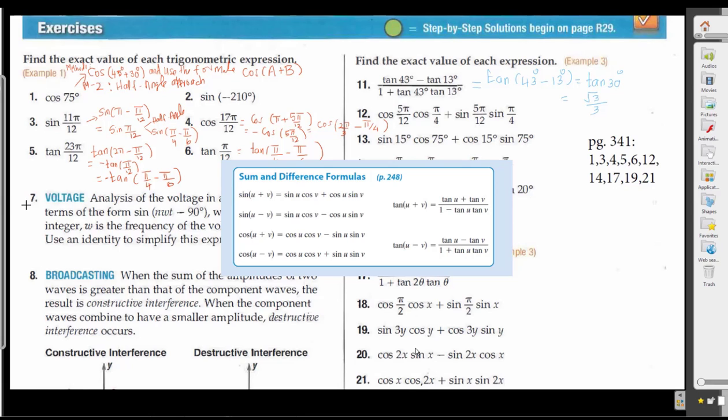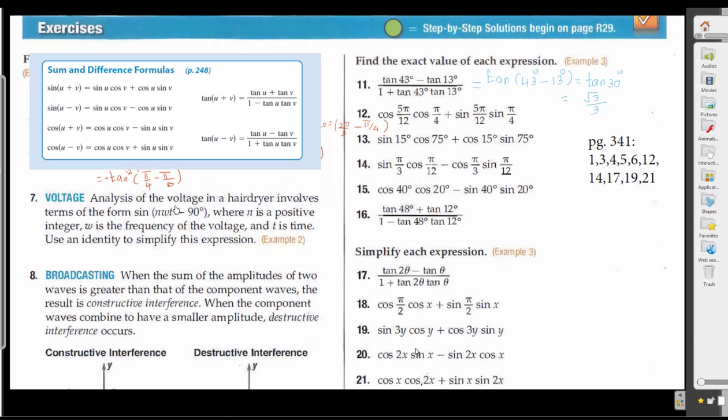So here, with a cos and the plus sign in between, that's going to be the formula cosine u minus v. So you have cosine 5 pi over 12 minus pi over 4.